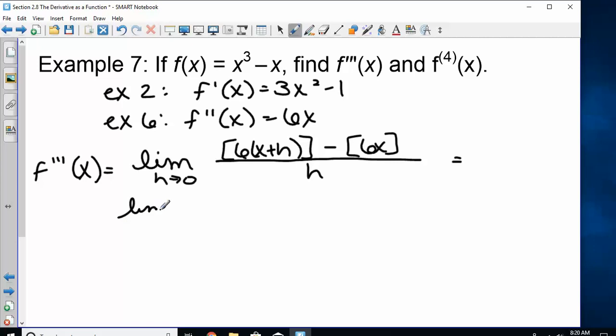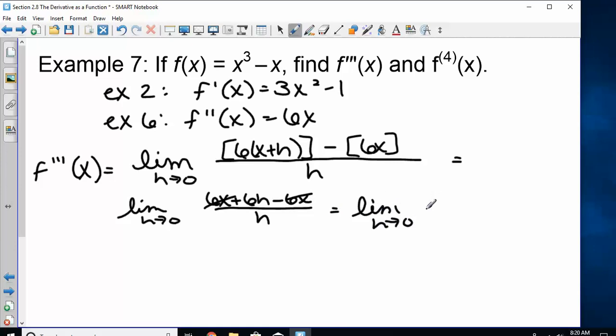We get the limit as h approaches 0 of 6x plus 6h minus 6x all over h. What happens there? 6x drops, you're left with 6h over h, which is 6, and the limit as h approaches 0 of 6 is 6.